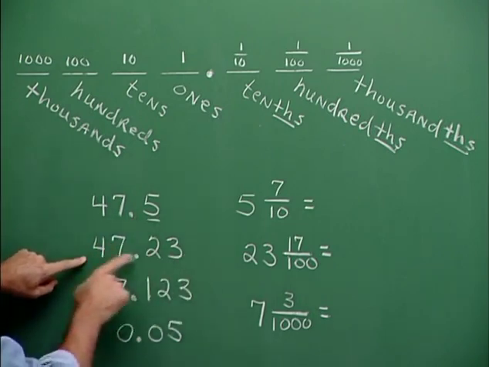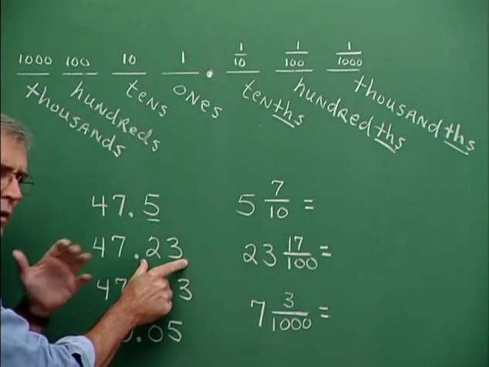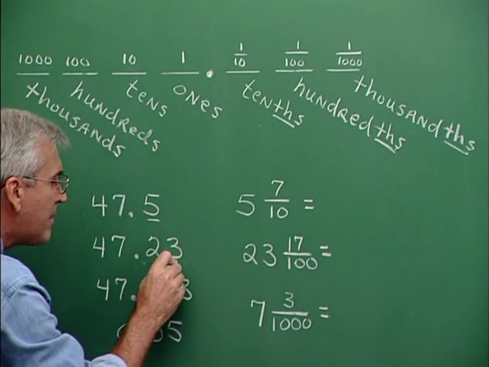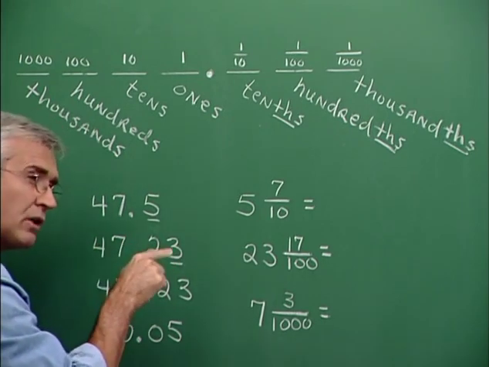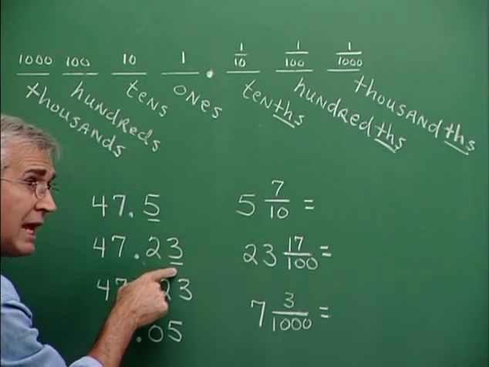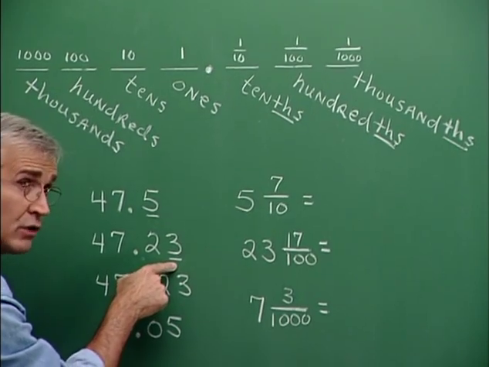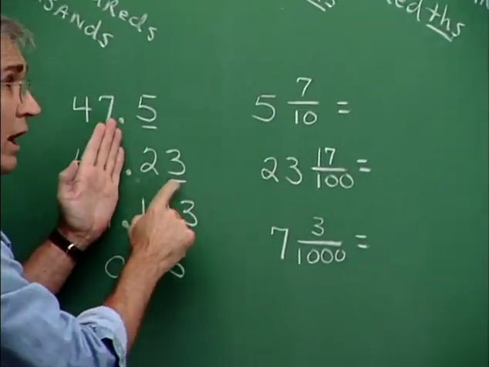So this one is 47 and then 23. 23 what? Well, the name goes with the place value assigned to that rightmost digit. And this 3 is in the hundredths place. So we read this part as 23 hundredths.